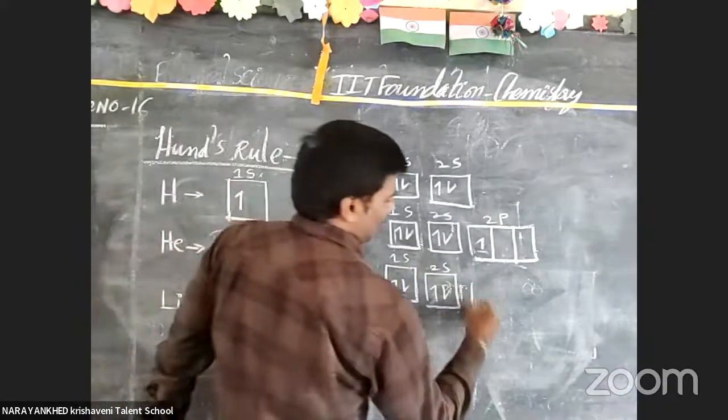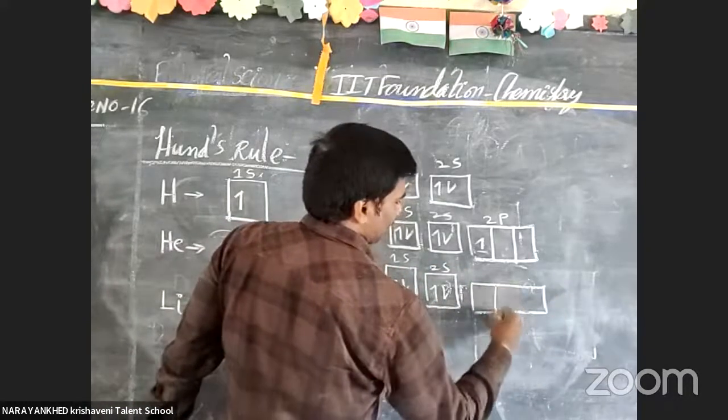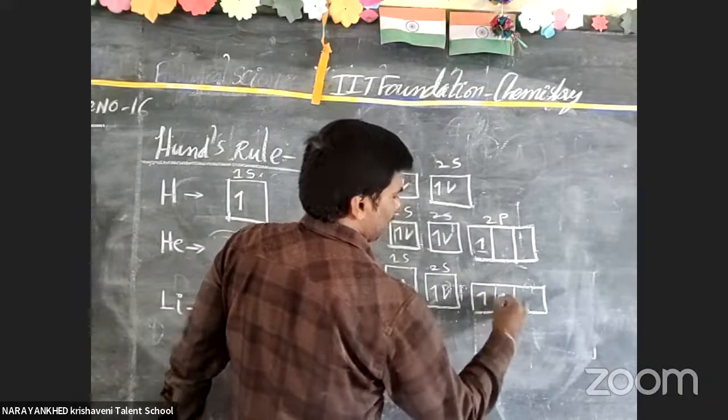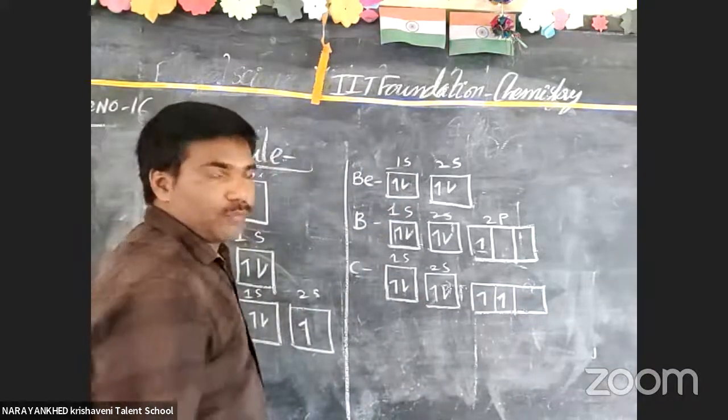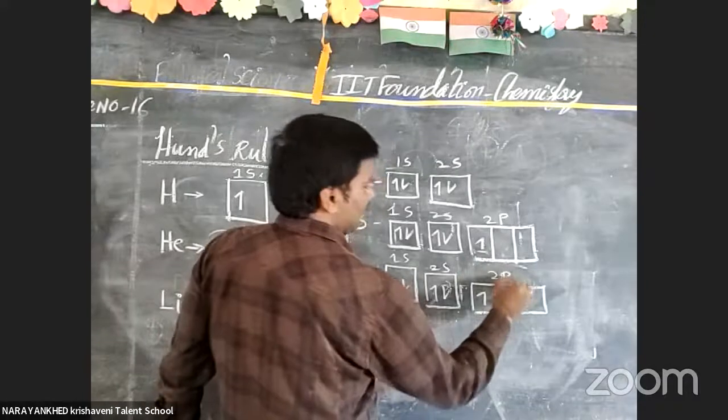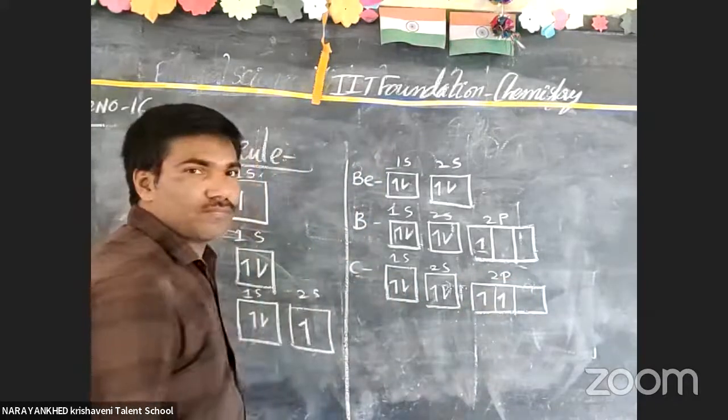The 6 electrons in carbon are distributed like that. Then there are 2px, 2py, 2pz, with electrons arranged like this.